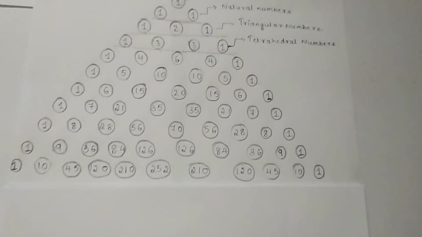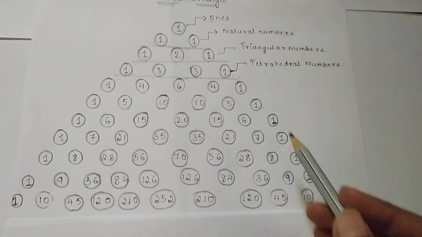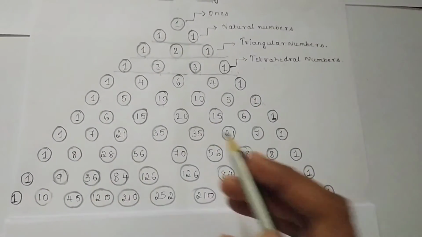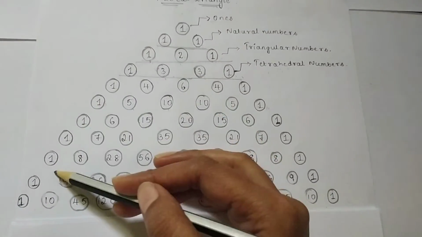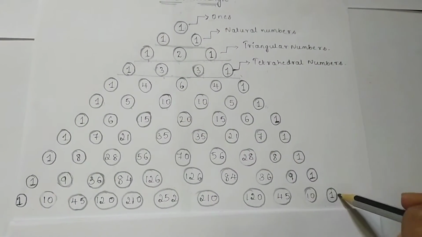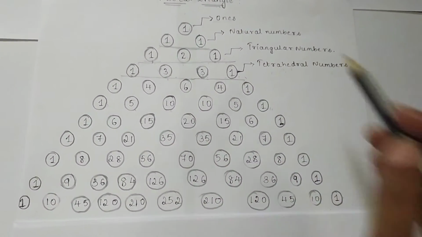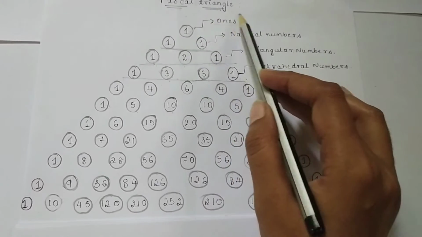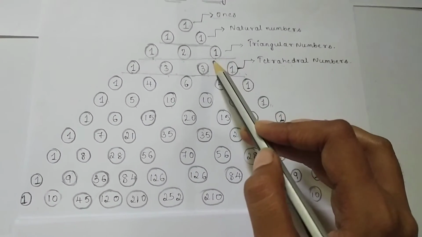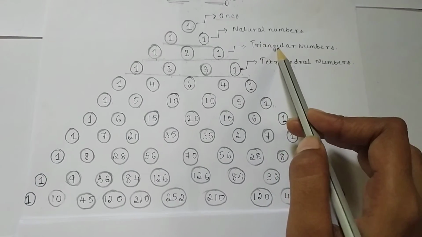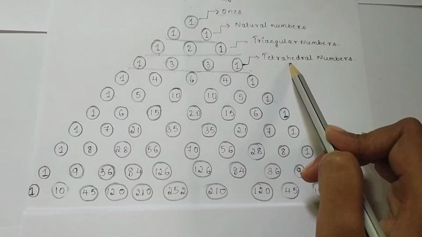Now we observe the diagonals of the Pascal triangle which I have written here. Just observe here, in the first diagonal and in the last diagonal we have all 1s, and in the second diagonal we have natural numbers, in the third diagonal we have triangular numbers, in the fourth diagonal we have tetrahedral numbers.